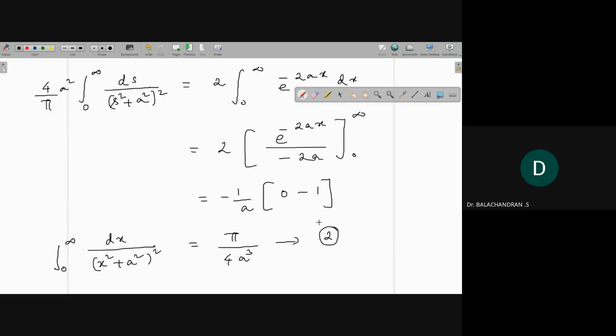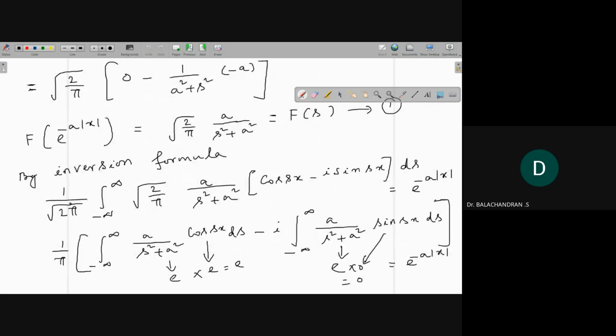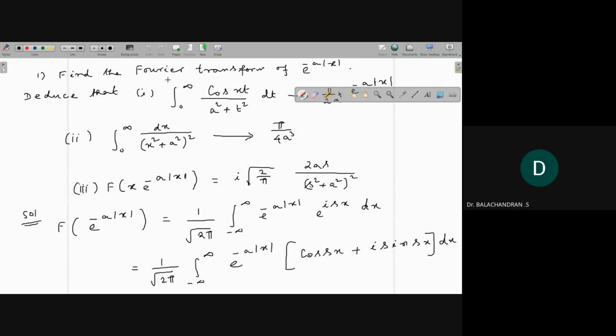Now the third reduction part. Actually, the third reduction part is the Fourier transform of x into e power minus a mod x. For this, I'm going to use a property.